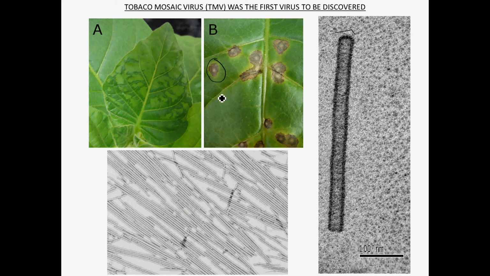As you can imagine, tobacco is a very important cash crop, and so having viruses infecting them was causing a great deal of problems. And so the farmers really wanted to know what the heck was going on here. So isolating viruses from these tobacco plants was the first step in doing that.